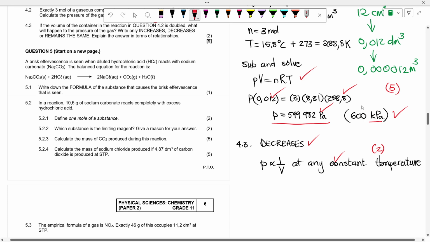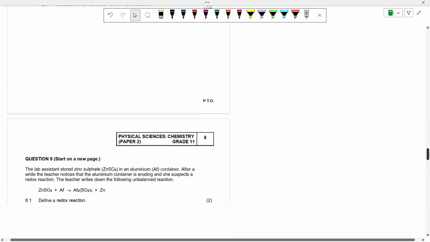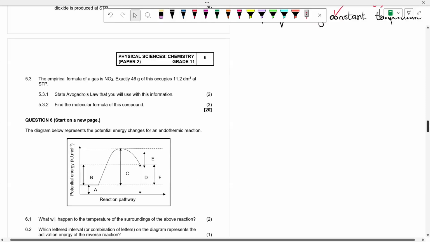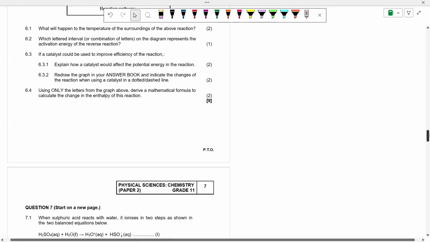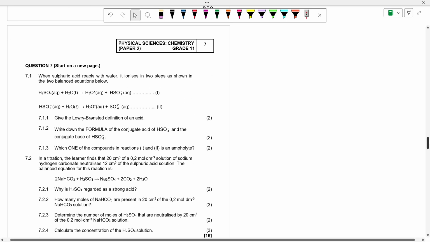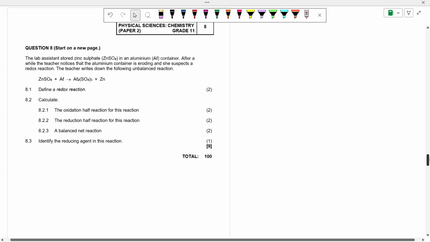Okay, let's see how many more questions are left. Okay, it's a couple. But I'm sure if we do question 5, then this one, you remember we did this one in class, right? Yes. Yes, and this is acids and bases. You just let me know if you want us to do it. This is redox.